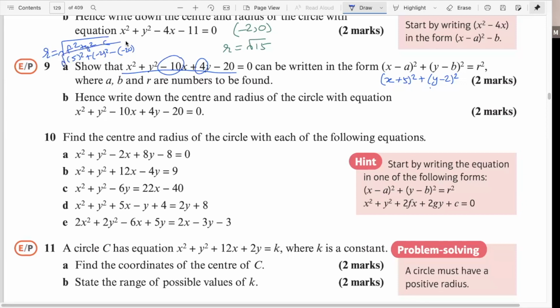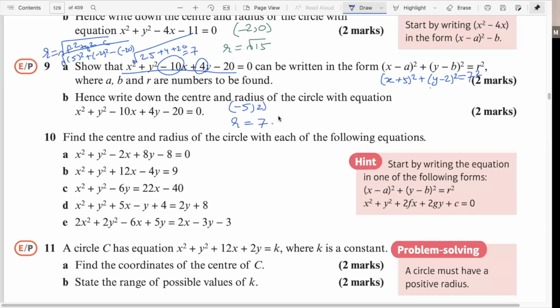So 5 square is 25, 2 square is 4 and positive 20. Overall 25, 45 and 4 is 49. So that is 7. So r is equal to 7. Hence write down the center. Center is minus 5 and positive 2, and the radius is 7.